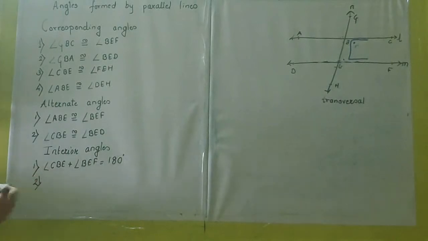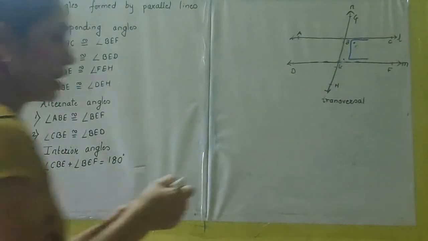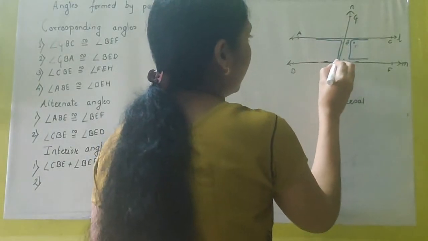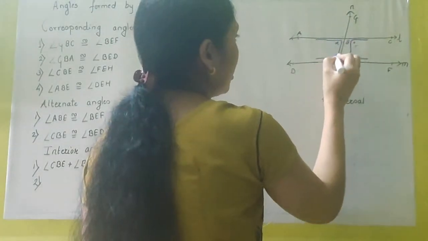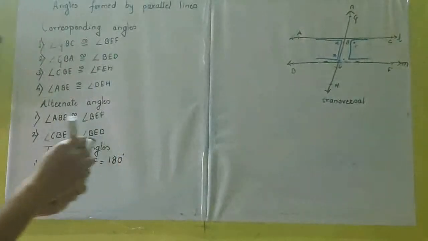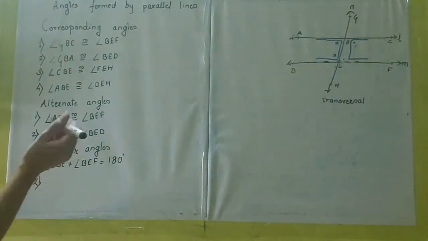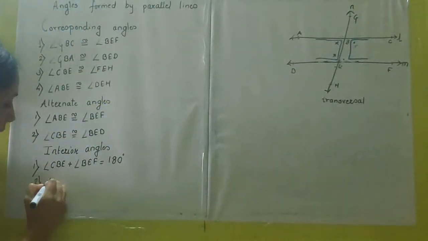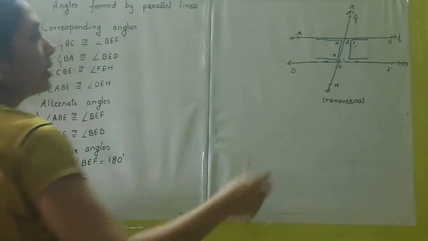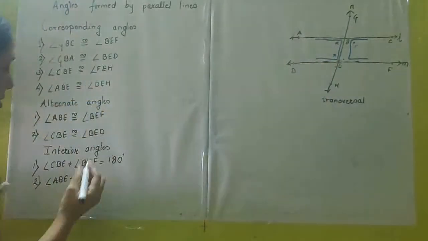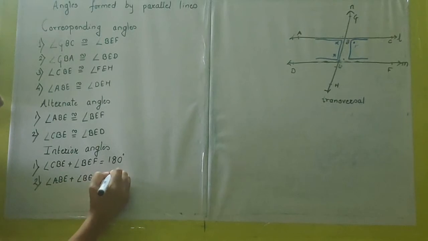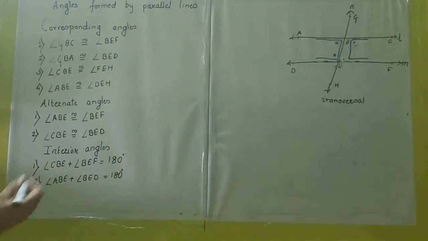Second, let's see the other C. We can draw the other C to be here. So this angle and this angle are interior angles. I'll write the other pair: angle ABE plus angle BED, and that is equal to 180 degrees.